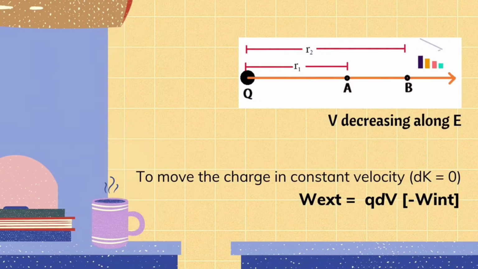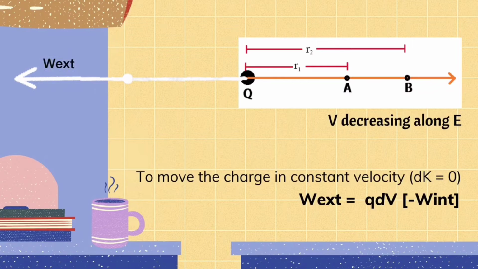The voltage will be decreasing along the electric field, which causes the voltage at point B to be lower than the voltage at point A. To move the charge at constant velocity, we must apply the exact same value of force, but in the opposite direction. That is why the external work will be equal to the opposite of the internal work.